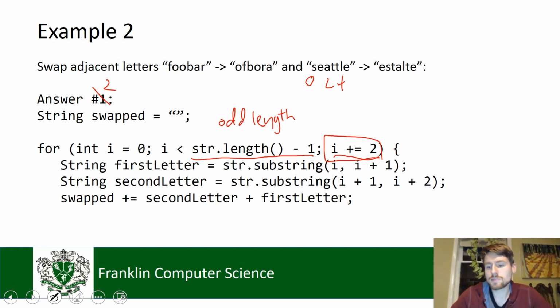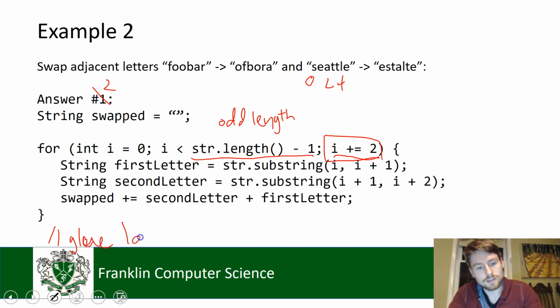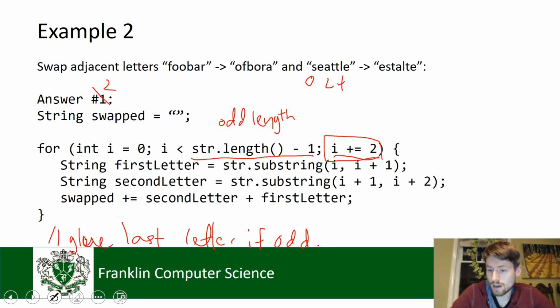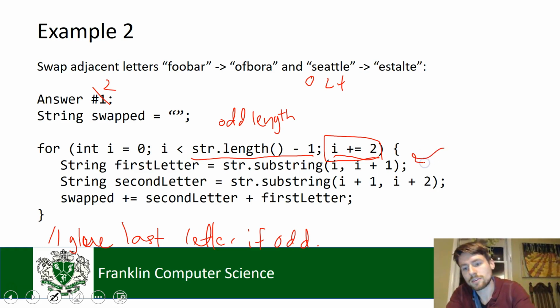So the main difference between this way of doing it, and note we're also going to have to glue the last letter if it's an odd length string. Last letter if odd. We haven't taken care of that yet. But in this case, we're not computing the index inside.